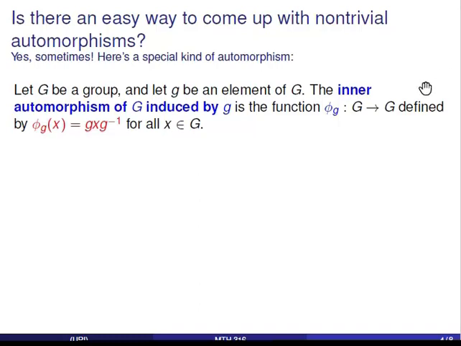Given a group G and an element little g, the inner automorphism of big G induced by little g is the function phi sub g mapping G to itself, defined by sending each element x of the group to the element gxg inverse. Now there's a bit to make sense of and a bit to comment on in that definition.